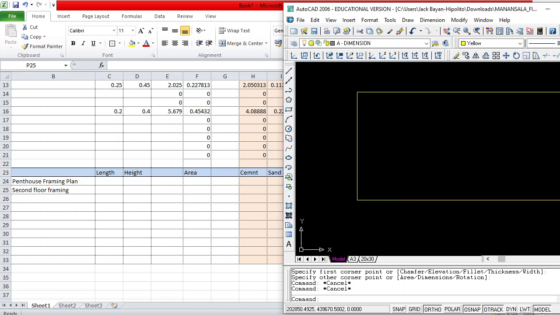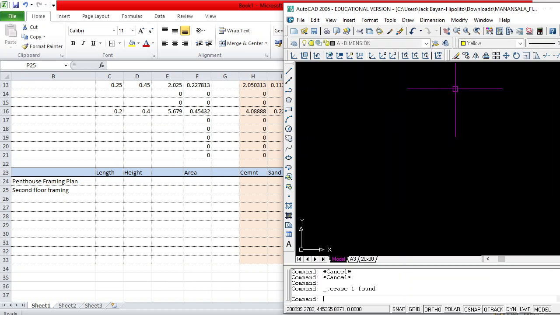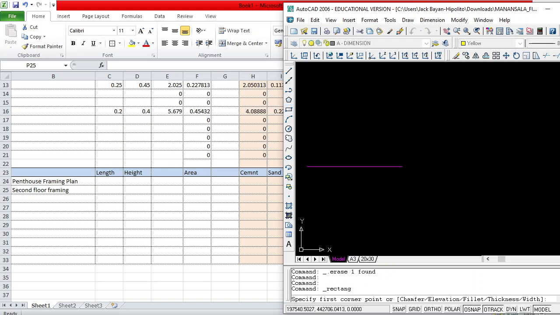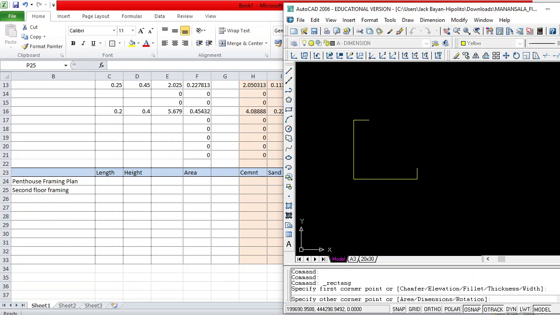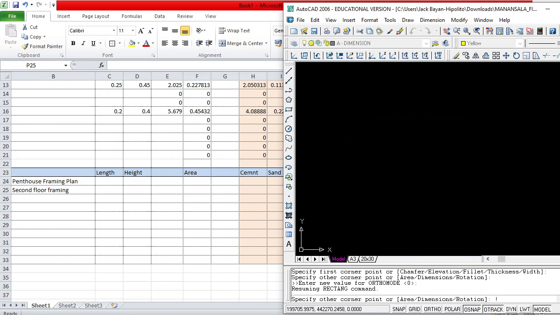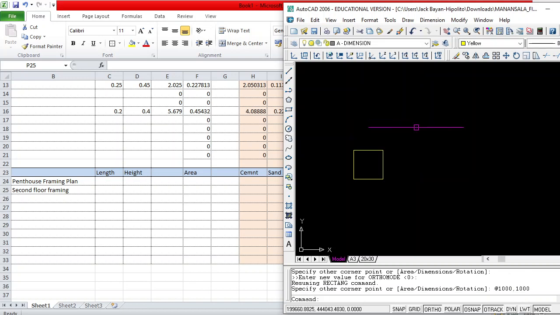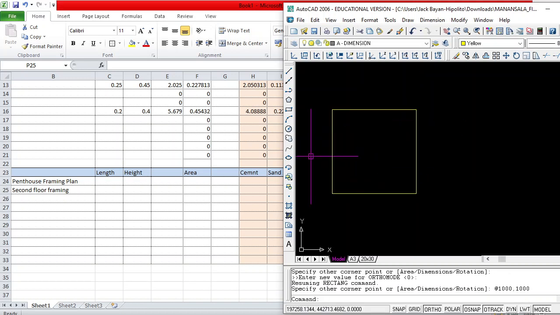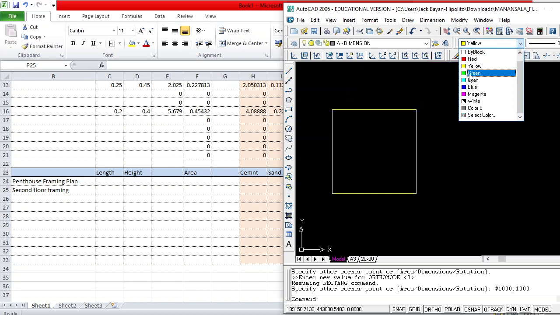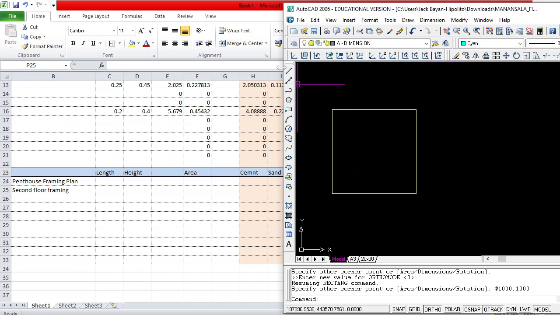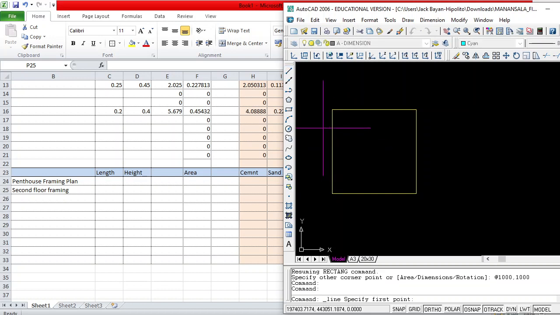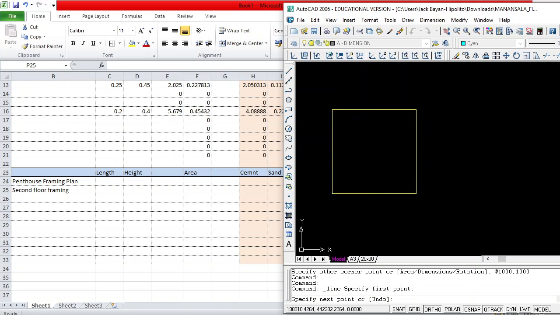Consider na lang natin, let's shift to 1,000: a 1 meter by 1 meter wall. Tapos maglalagay tayo ng bars na 10 mm with a spacing of 0.6.